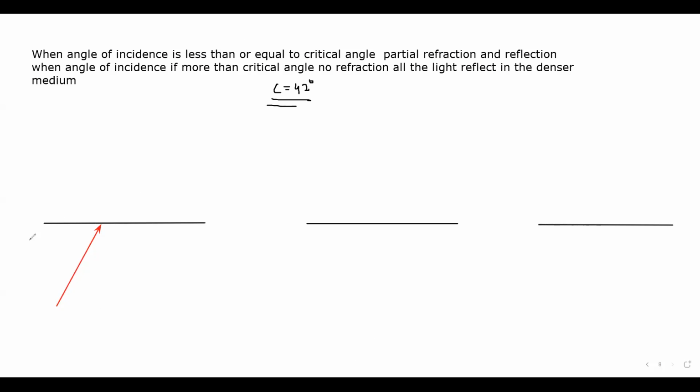Light strikes, say this is a denser medium, glass, and air, air and glass. The light strikes the denser to rarer boundary, and this angle was 30.